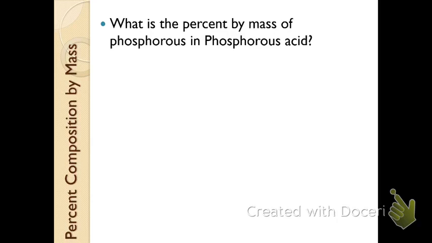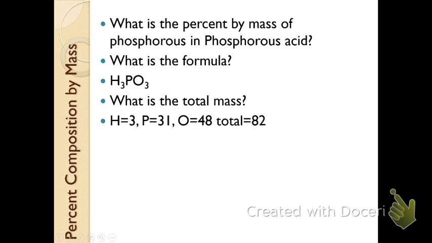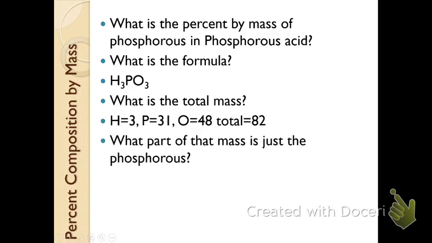This is phosphorus in phosphorous acid. We already know the formula. You already know the total mass. So what I want you to do is to pause the video and find out what part of the mass is just the phosphorus, and then convert that into percent, and then press play when you're ready to continue.